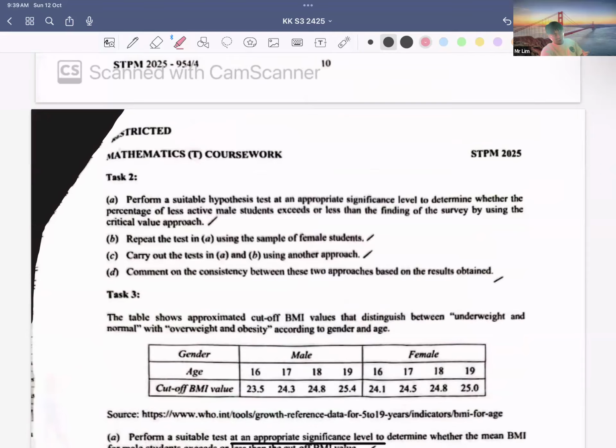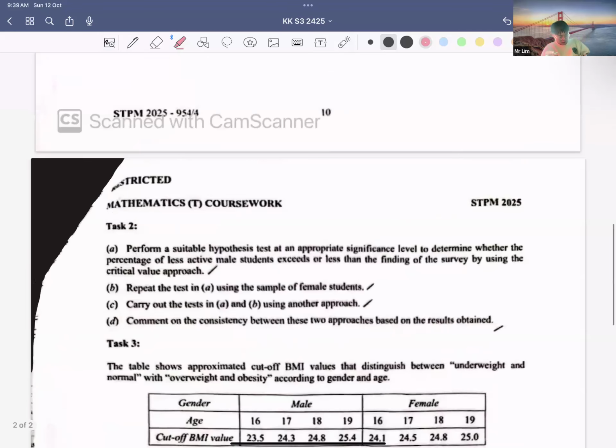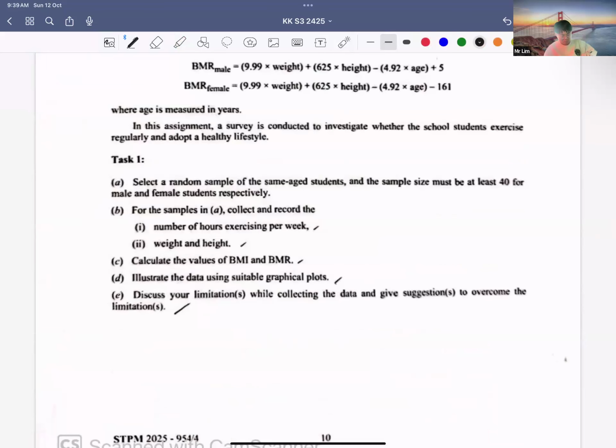Because task 2, hypothesis test, is in your chapter 17, or chapter 5, the second last chapter. So it's better that you already know the knowledge first, then only you can do it. To do task 1, you don't even require any chapter in your statistics. Just collect data only.